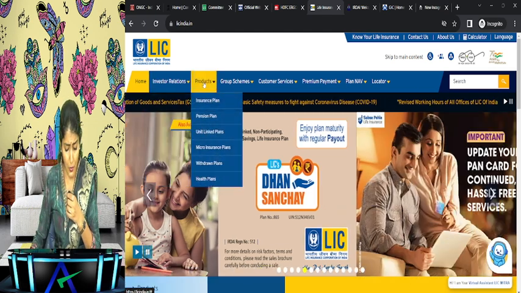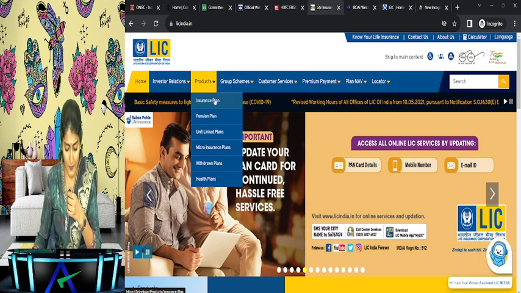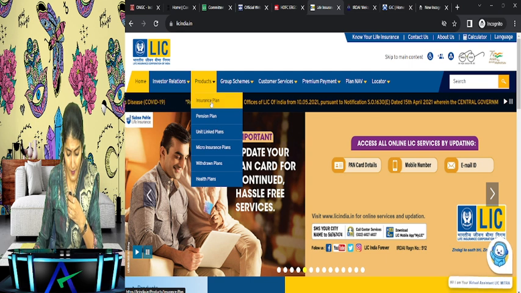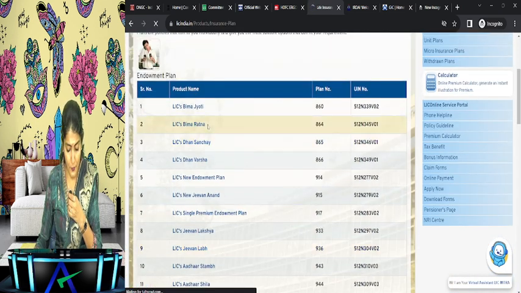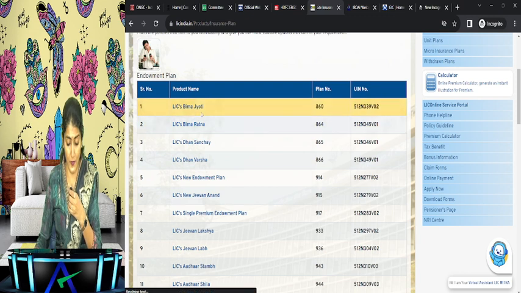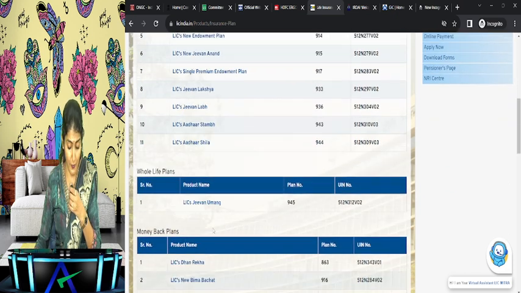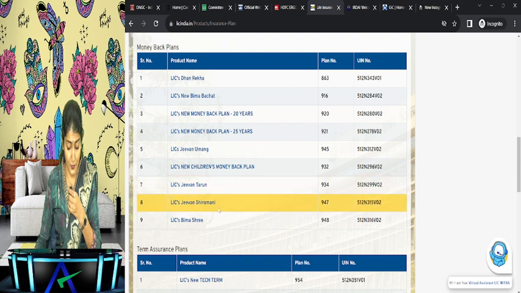let us just have a quick look at the LIC insurance company website. So this is the insurance plan, the pension plan. If I look into the insurance plan, these are the different types of LIC policies and their names are so interesting: Bima Jyoti, Ratna, Sanchay, Varsha, Anand, Lakshya, Labh, Stambh, Sheila, Umang, Dhan Rekha, Jeevan Tarun, Shiromani.